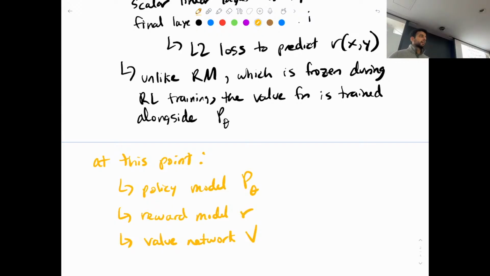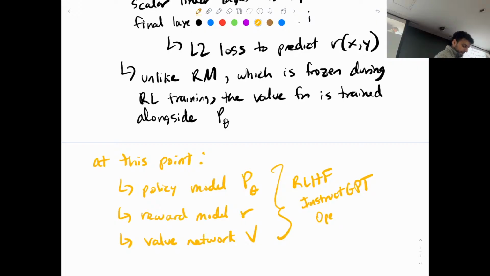So you can see that we want to train this policy model p sub theta, but in order to do so, we have to keep two other giant models in our GPU memory, right? We have to keep the reward model and our value function if we want to use one of these. So all of this was used in the original RLHF paper and the InstructGPT paper from OpenAI.